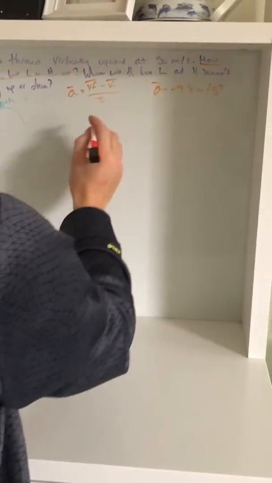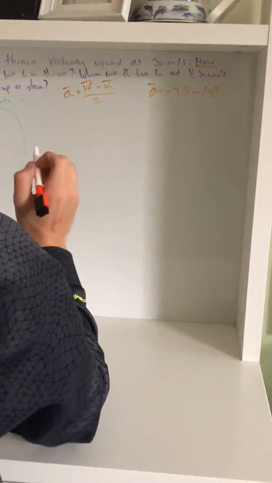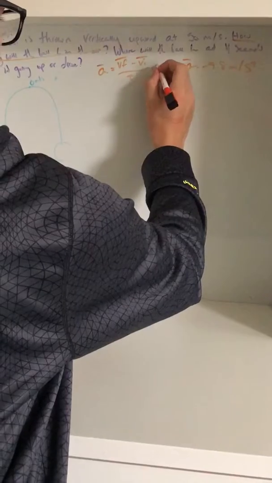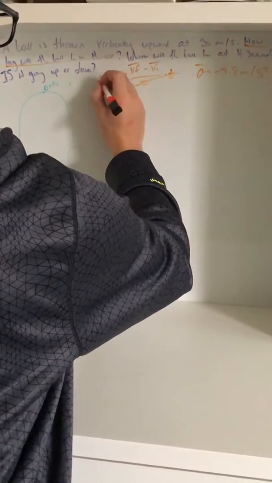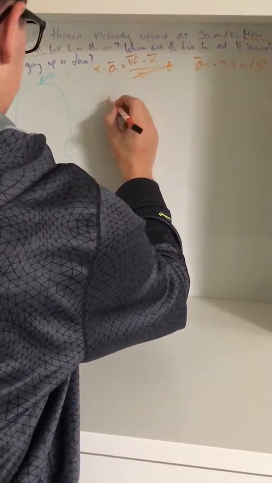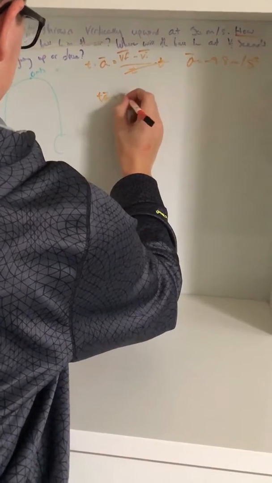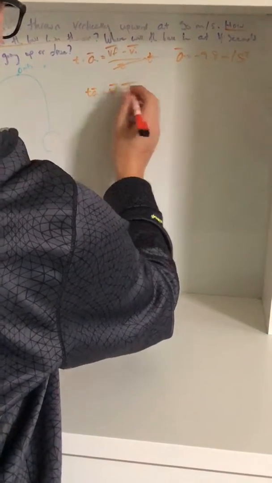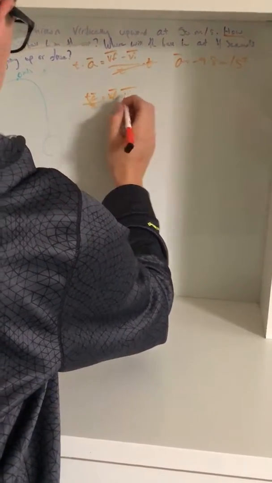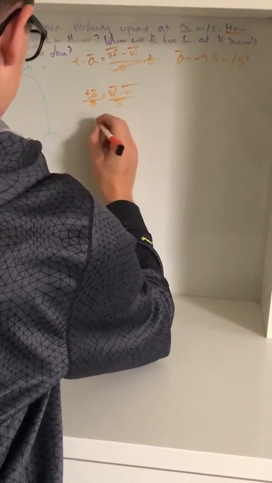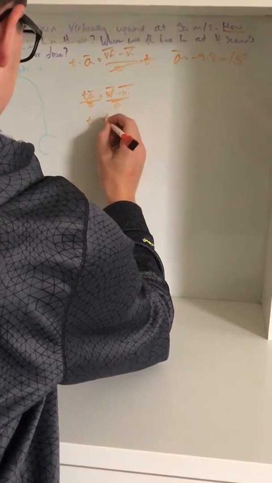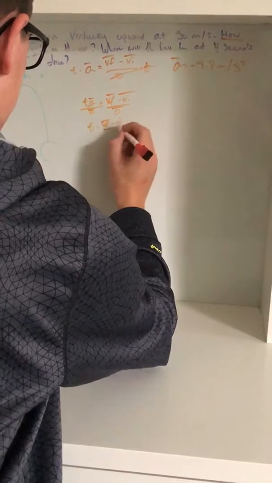So we need to manipulate this to get time by itself, because that's what we're trying to solve for. We multiply by time on both sides, so acceleration times time equals velocity final minus velocity initial. Now we divide by the acceleration to get time by itself.